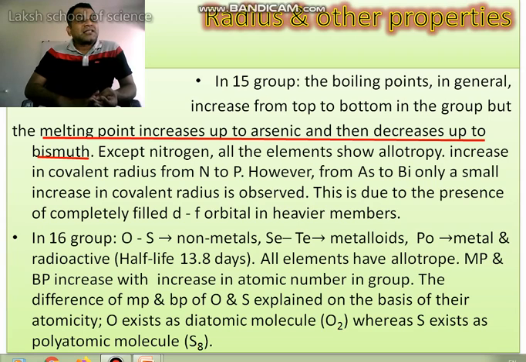Why does this happen? How do they increase up to arsenic and decrease to bismuth?